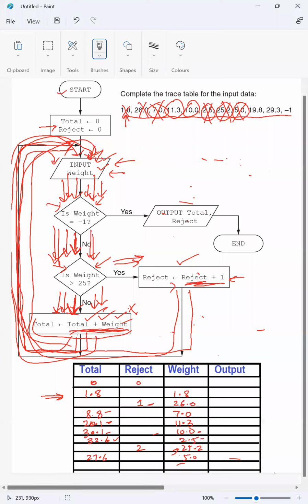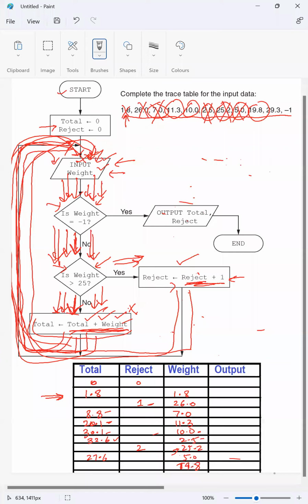So once we've updated 27.6, we're going to go back up inside the loop. Next value is 19.8. So we're going to write 19.8 here. Sorry, I should not be writing 19.8 in the total box, right? I should be writing 19.8 here as the weight, the next weight that has been input.